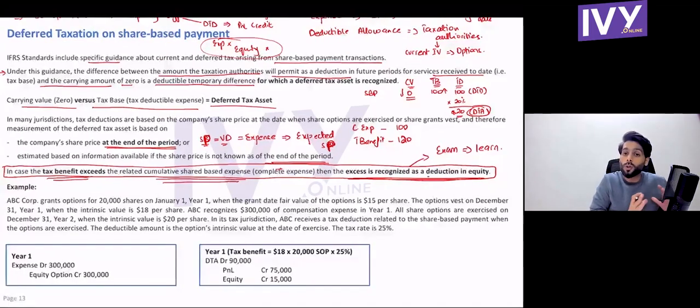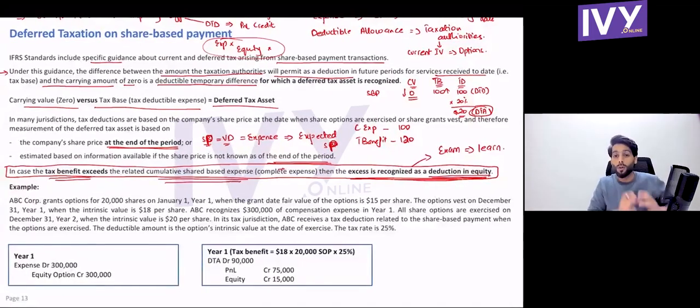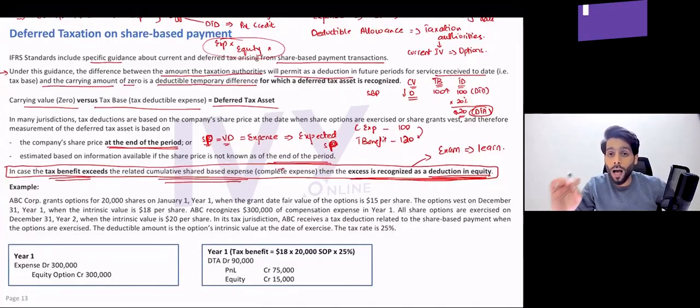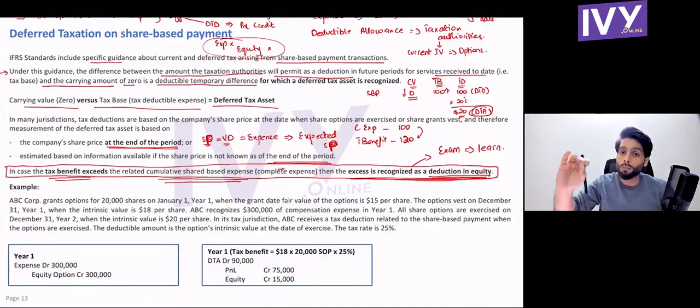The benefit would go to equity, not P&L. For matching purposes, we cannot allow excess tax benefit, which is more than the expense itself. For a $100 expense in accounting, we cannot allow you a tax benefit of $120.